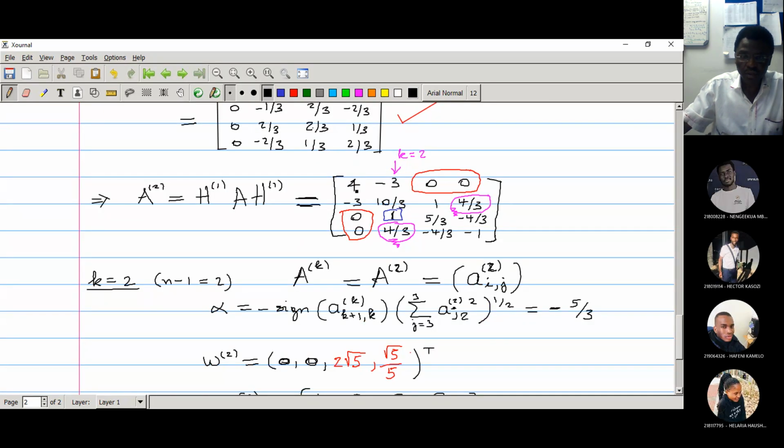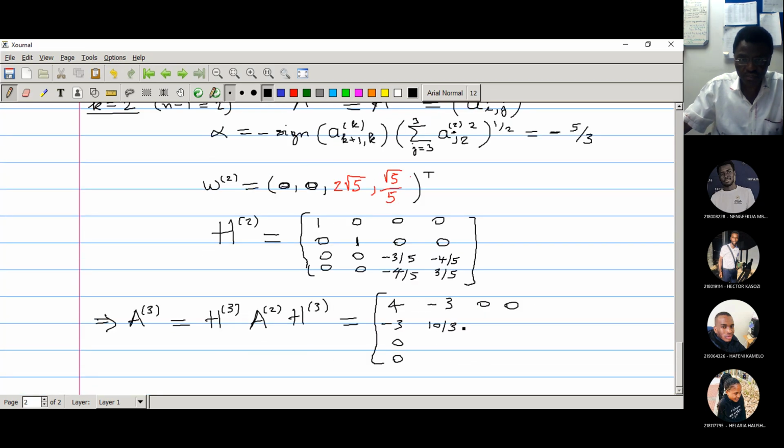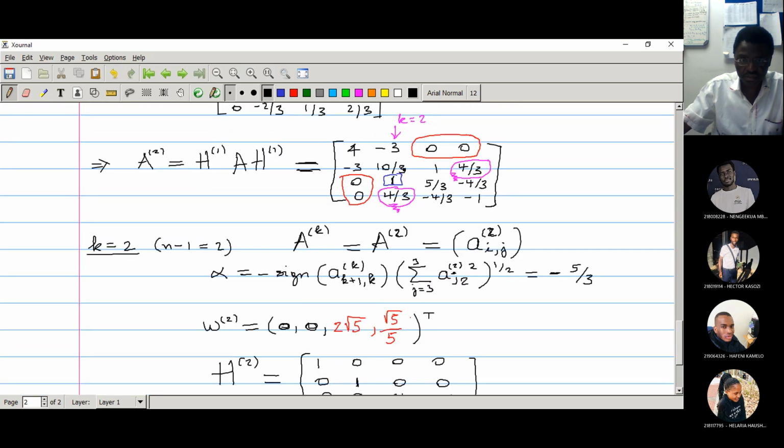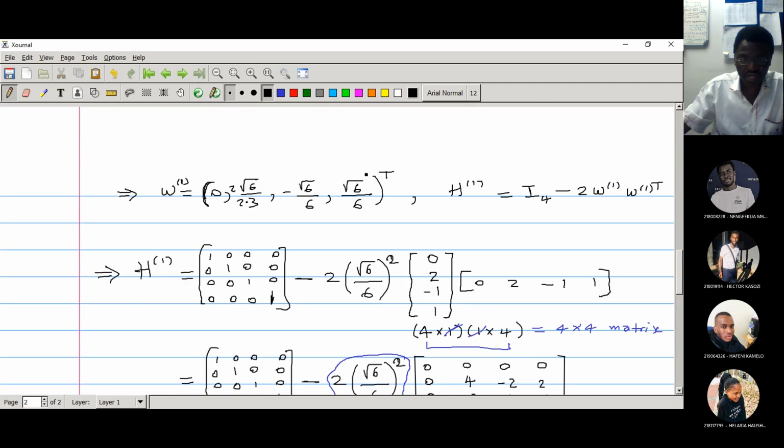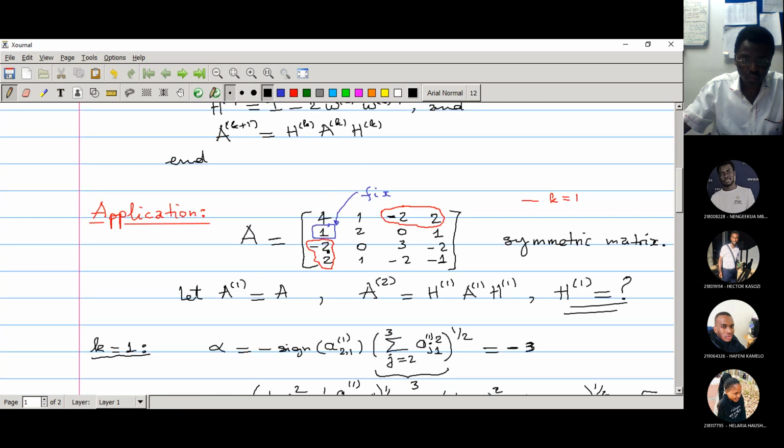So when we proceed, this -3 also will be unchanged, because these are the values that are next to the entry in the diagonal here. Okay, so they remain unchanged here, and this element which is on top of the element that we are fixing, because we fix 1 here.